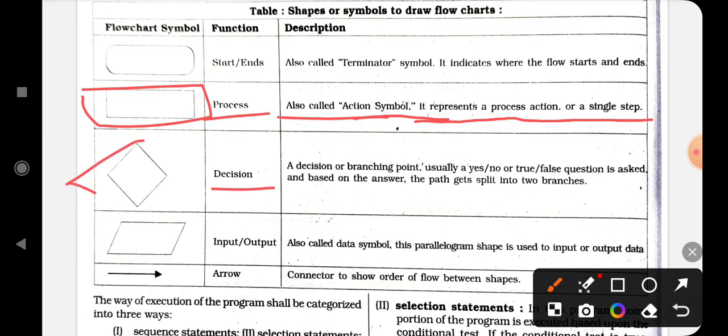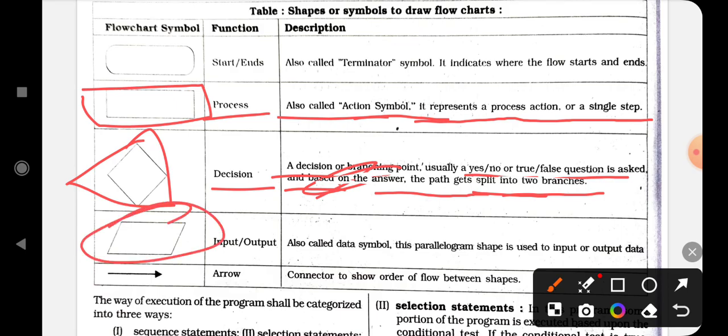Decision, in diamond shape. A decision is a branching point, usually a yes or no, true or false question is asked and based on the answer, the path gets split into two branches.